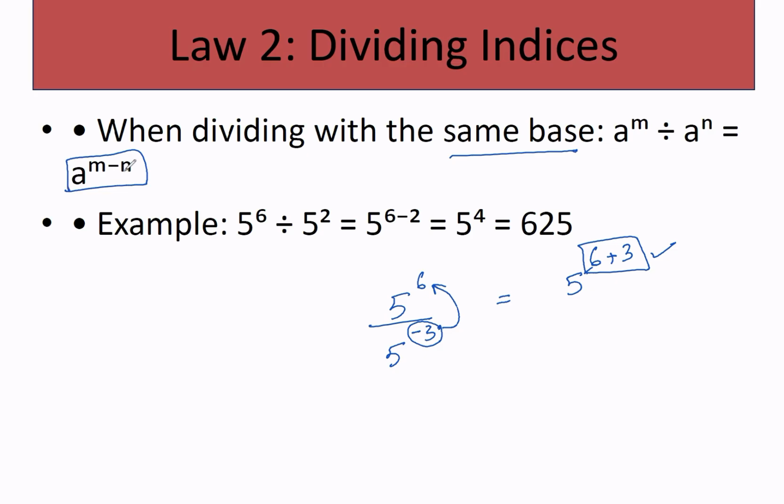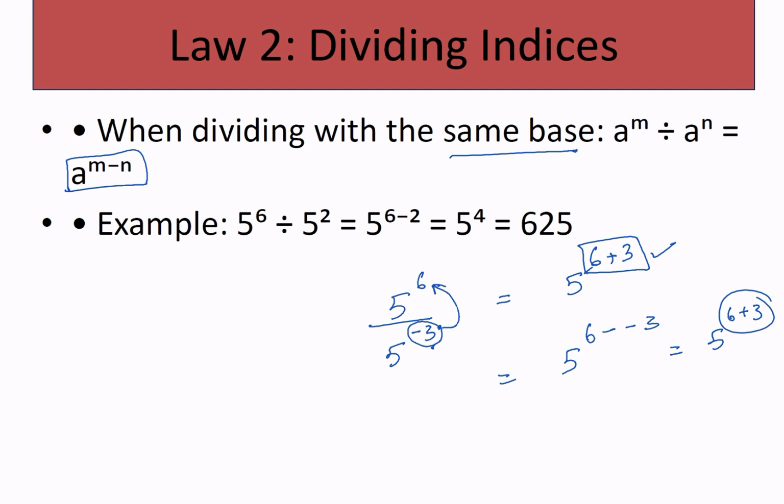Yes, you are subtracting, but there is a hidden sign of subtraction here. If you write it normally, you will write 6 minus, and a minus 3, which will make 6 plus 3. So instead of doing these two steps, you directly do that. Whenever you are moving from numerator to denominator or denominator to numerator, change the sign of the power.